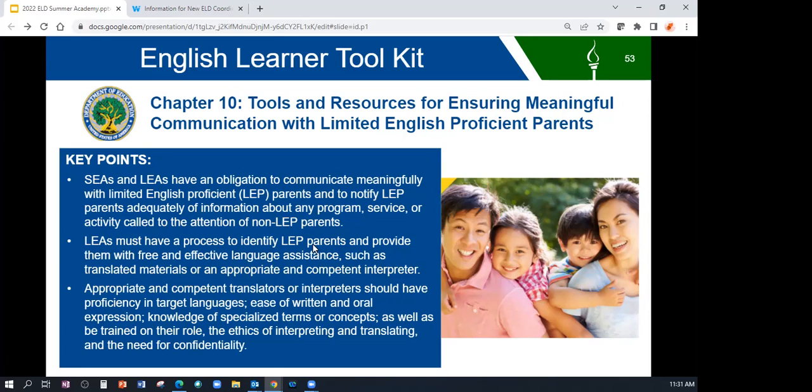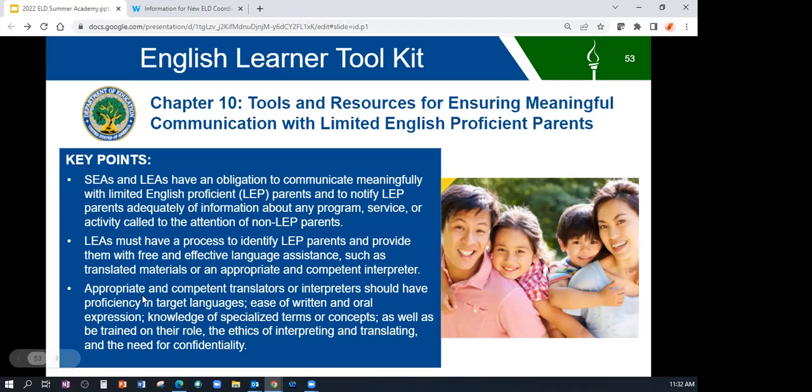Like I said, in our language use survey, we included that question that says, how would you like to be contacted? In what language would you like to be contacted, by phone or in writing? So something like that, so you know the needs of your parents.